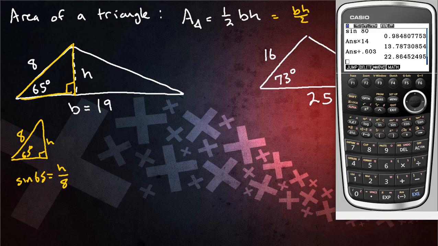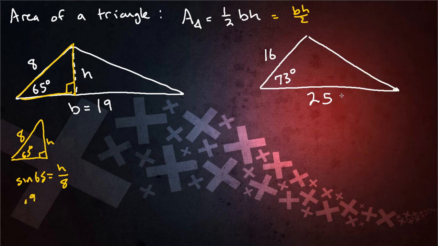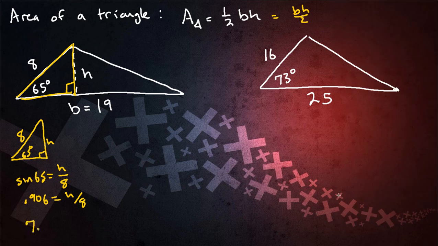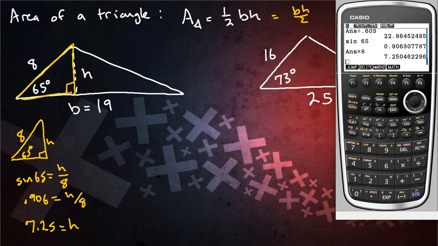I put sine 65 in my calculator, and I get 0.906 equals height divided by 8. I'll clear my fraction, so I'll multiply by 8. And I get 7.25. So 7.25 is my height.